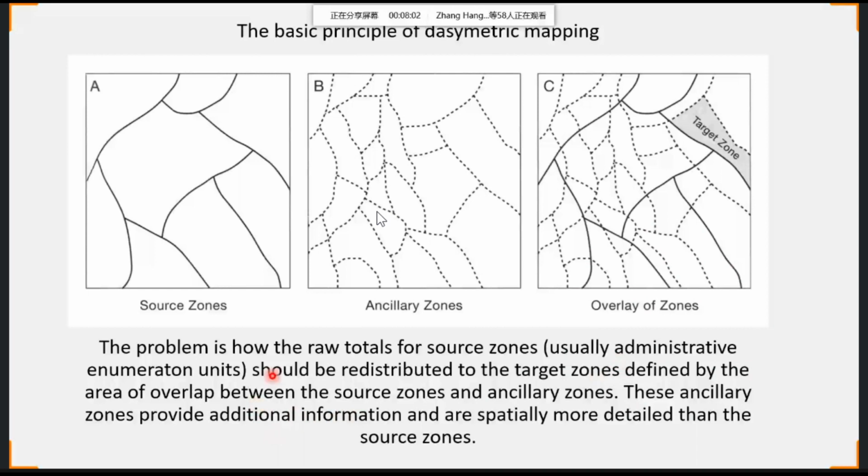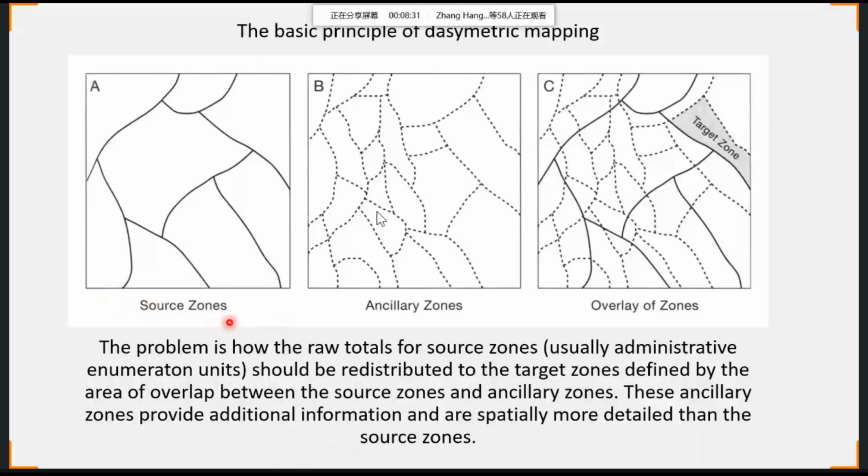The problem is how the raw totals for source zones, usually administrative enumeration units, should be redistributed to target zones defined by the area of overlap between the source zones and so-called ancillary zones. These ancillary zones provide additional information and are spatially more detailed than the source zones.